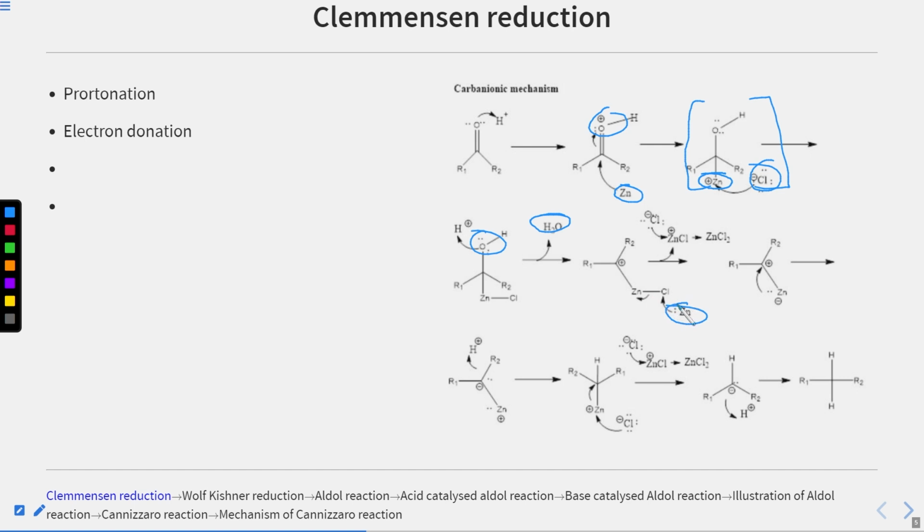Further, since it is a positive charge, to neutralize it this zinc will donate electrons and this Cl will be taken up by the second zinc atom. Here you can see that this zinc is taking the Cl atom, and the negative charge that is accumulated on zinc is further transferred to this positive charge to neutralize it.